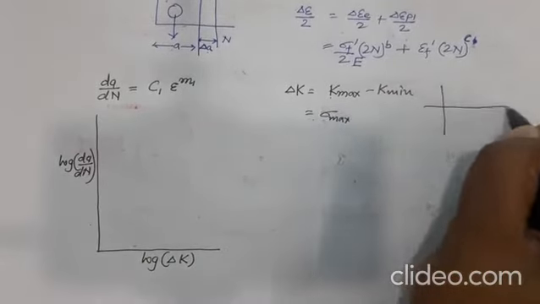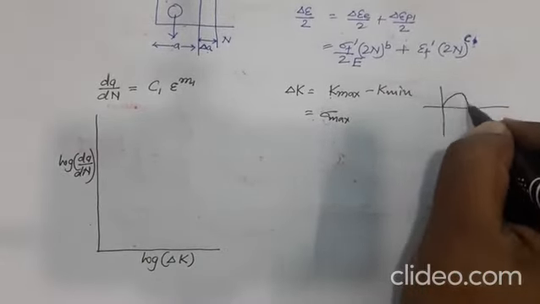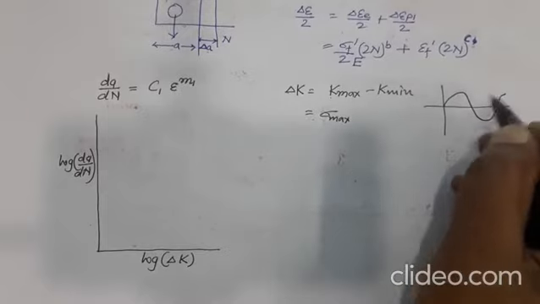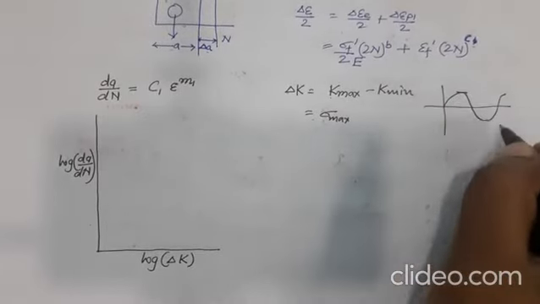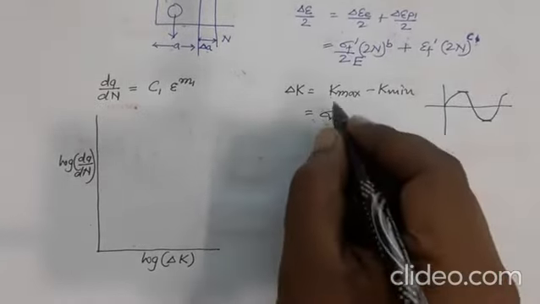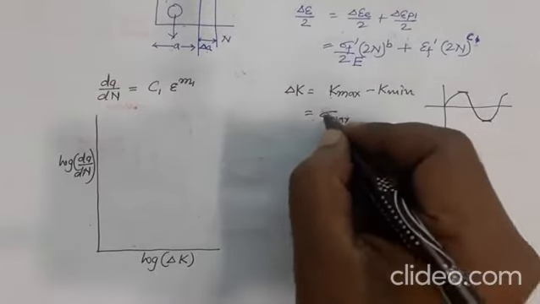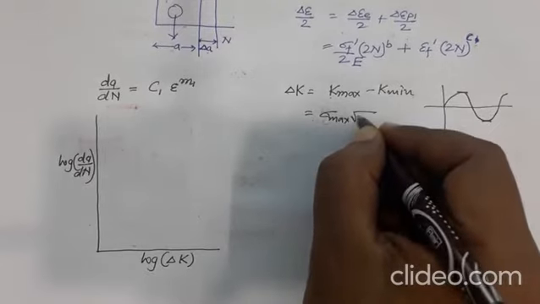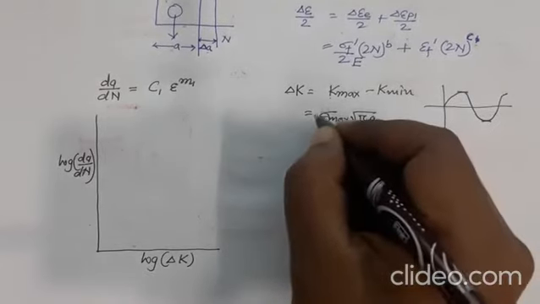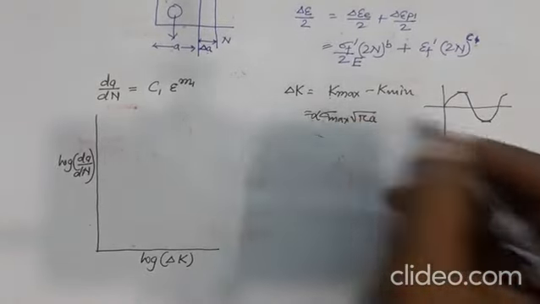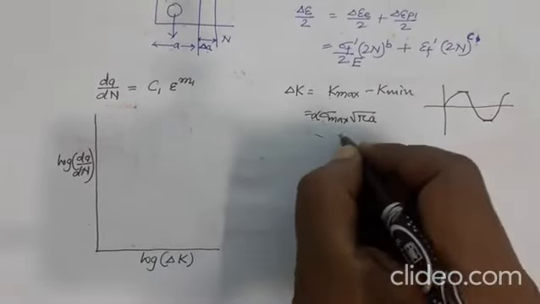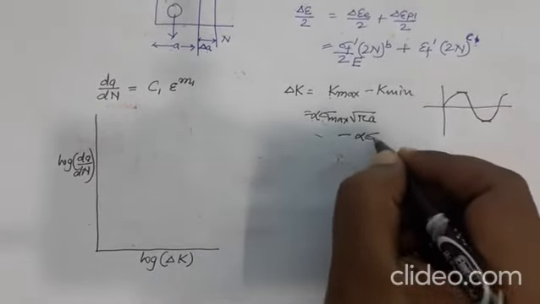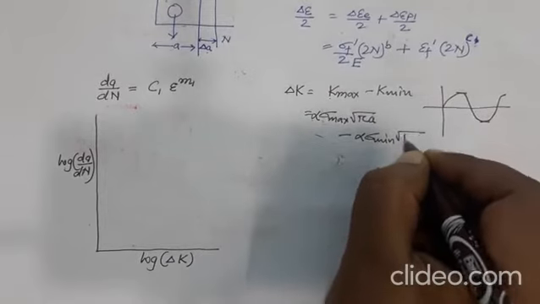You know that we are applying either a stress variation or a strain variation, so we will achieve a sigma max and sigma min. K max will be realized when we have the maximum value of stress in the system. So sigma max alpha root over pi a, where you can take the geometry factor alpha, which will not change for the second term, and in the second term you will have sigma min root over pi a.